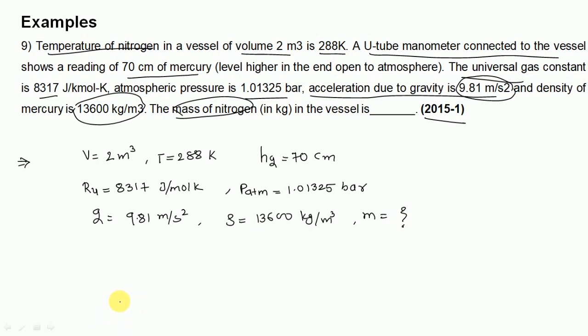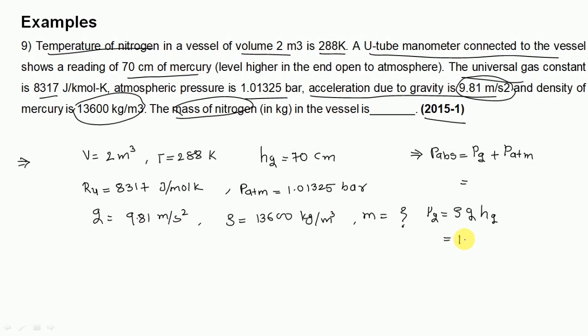First of all, the atmospheric pressure is given. So here we require the absolute pressure. We know absolute pressure is equal to gauge pressure plus atmospheric pressure. So first of all, we need to find the gauge pressure, which is rho into g into H of gauge.